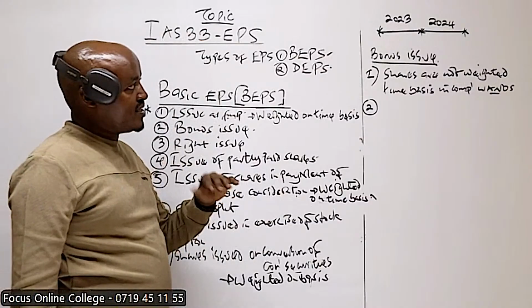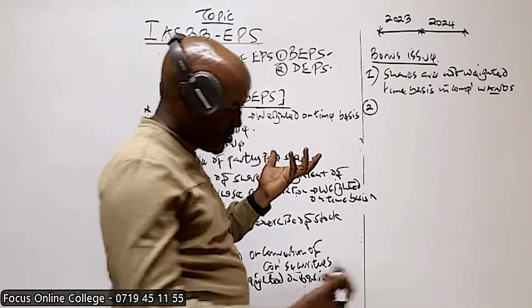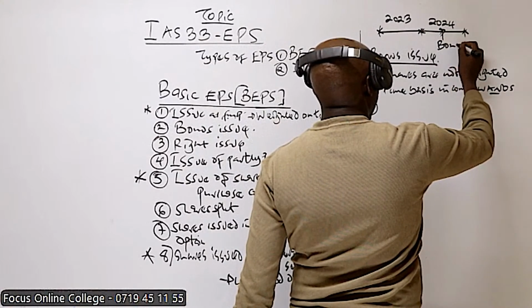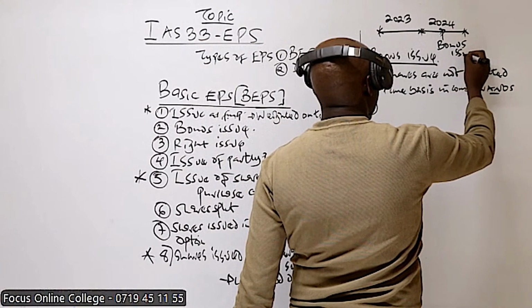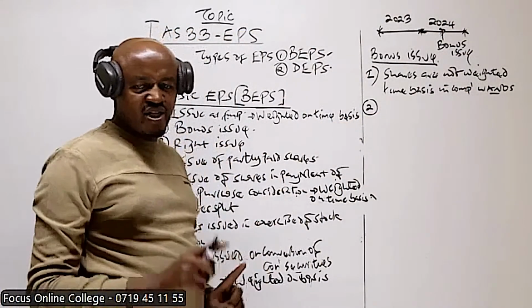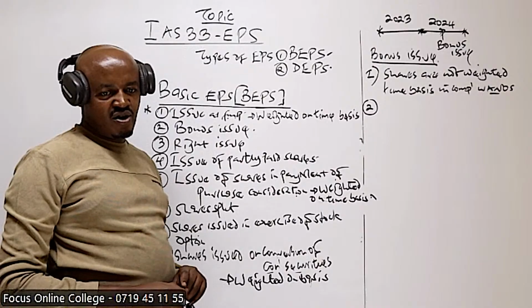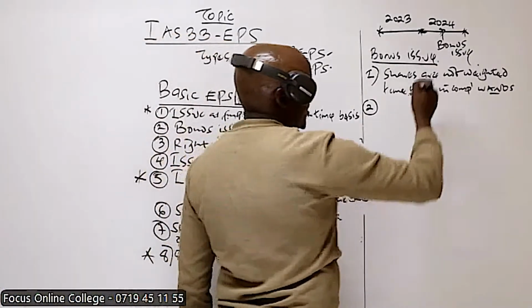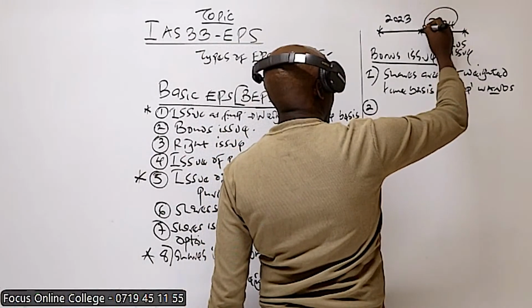Assuming you're told during the current year, the company made a bonus issue. During the current year, that is the year 2024. Now we are saying those shares, we don't weigh them on time basis. So in other terms, what that means is that we assume that those shares were outstanding from the start.